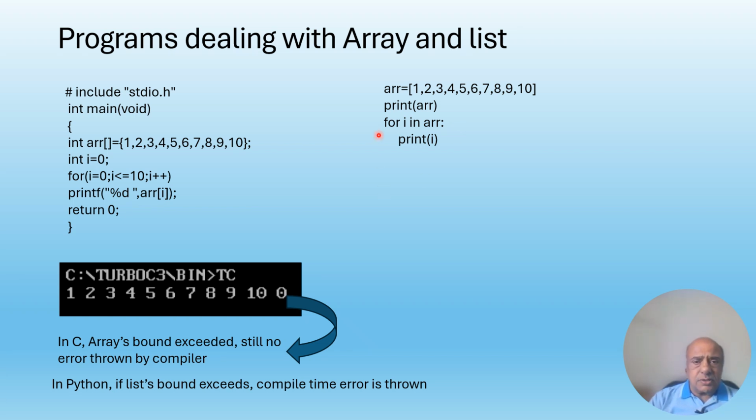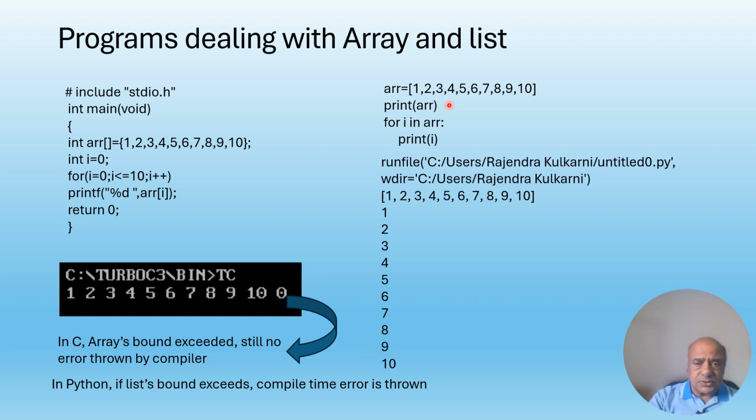Another way of accessing the list elements is this for loop: for I in ARR, print I. So we can see there are multiple statements required and a lot of issues to be taken care of by the programmer in C. For a list in Python, a simple print statement with the name of the list will output the contents of the list.